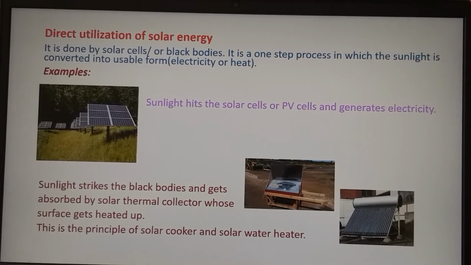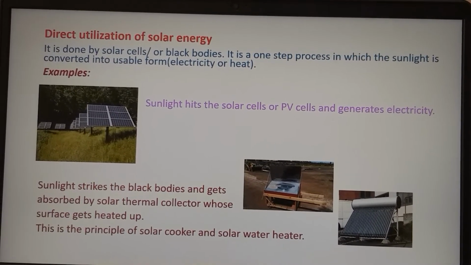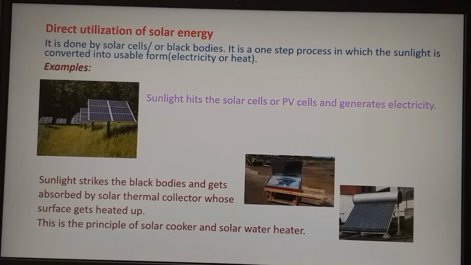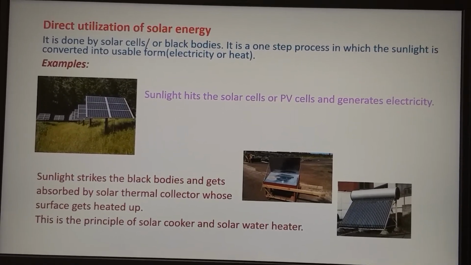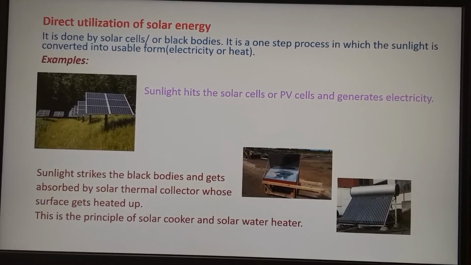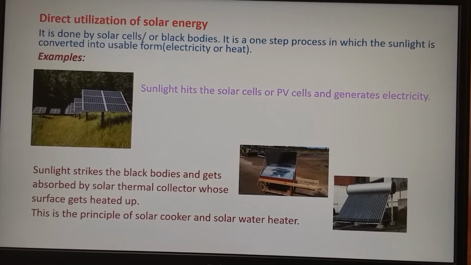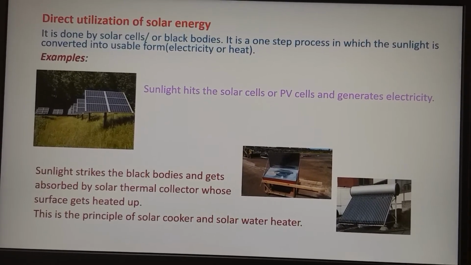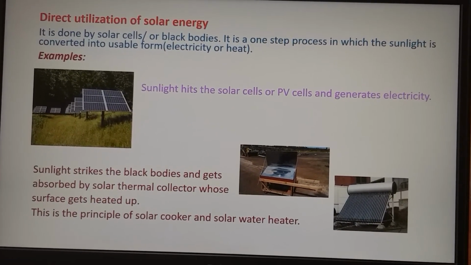And this principle is utilized in the solar cooker and solar water heater. So these are the methods for converting the solar energy directly into the usable forms. Here, with the help of figures, I have shown the examples of PV cells as well as solar heater and solar cooker.